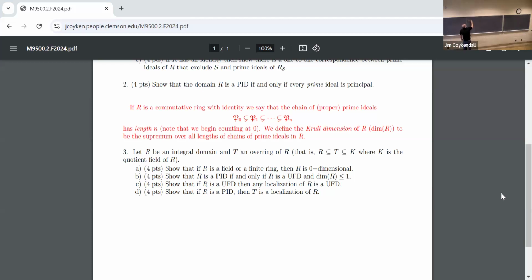Theorem: R is Noetherian if and only if every prime ideal of R is finitely generated. This is a really cool theorem.